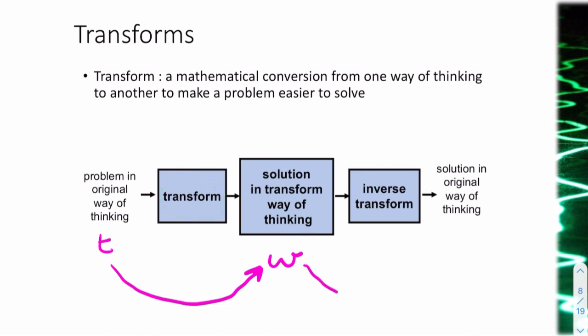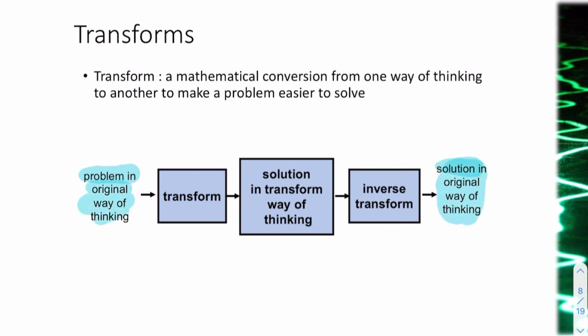Going back from frequency to time, that is your inverse transform. So remember, we had the Fourier transform and the inverse Fourier transform. The Fourier transform would take you from time to frequency. The inverse Fourier transform would take you from frequency back to time. So that allows us to start with a problem and end with a solution, both in the same way of thinking, in the same domain, in the same world, in the same representation. So if we start with t, we end with t. What happened here was undone here.